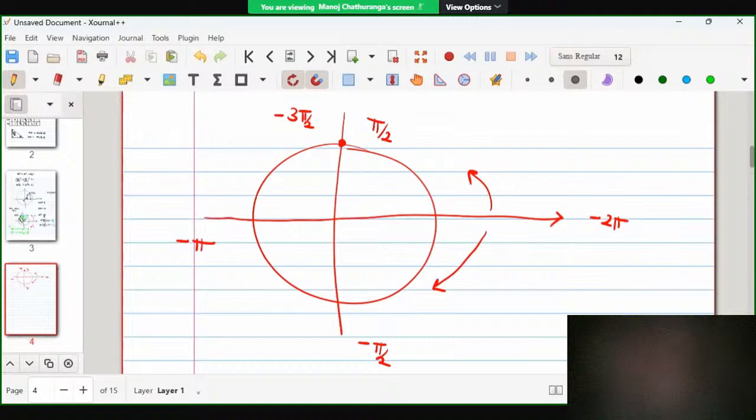You can keep going circles around the origin. So if you go in the positive direction, pi by 2, that's pi. This is 3 pi by 2. This is 2 pi, which is also the 0. So for the same point, we have different names.